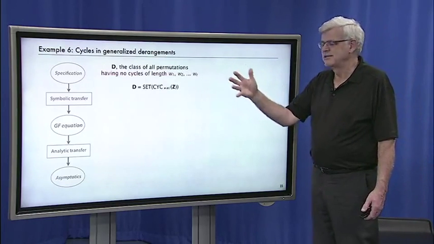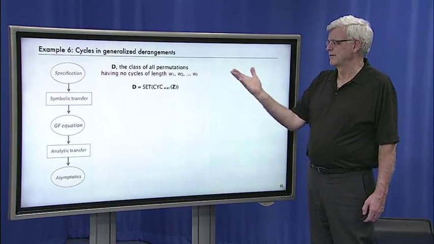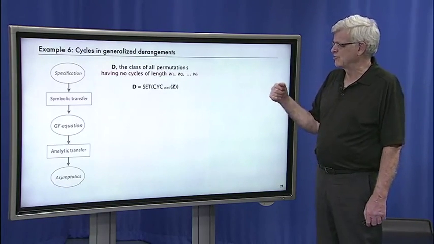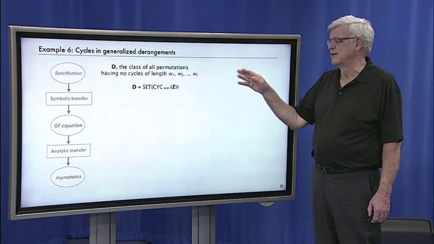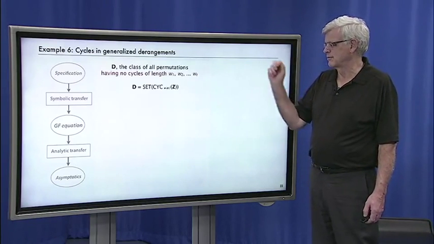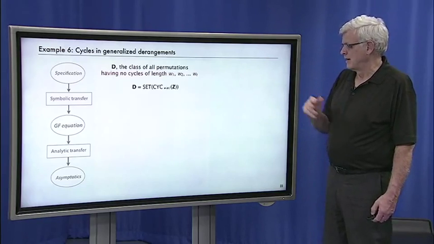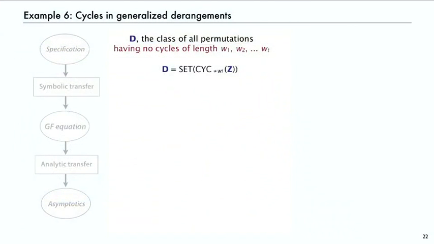So you could pick t different integers and say, I want to study the class of all permutations having no cycles of length w1, w2 down through wt. The construction is just sets of cycles with that restriction on the cycle lengths, which immediately translates to a generating function equation where we subtract off the term corresponding to each one of those cycle lengths from log of 1 over 1 minus z.